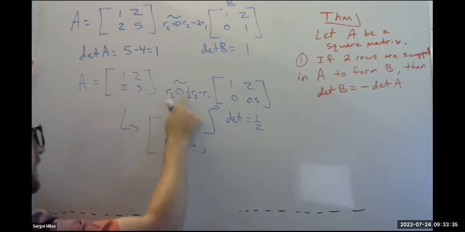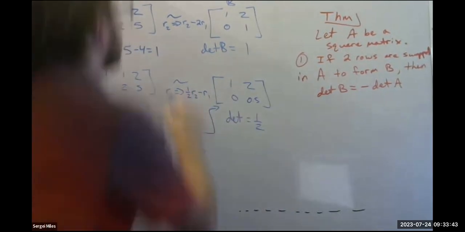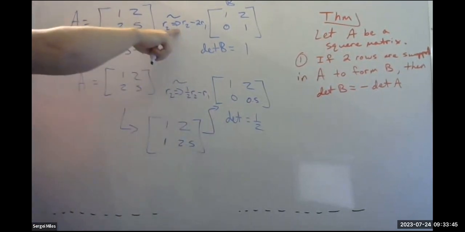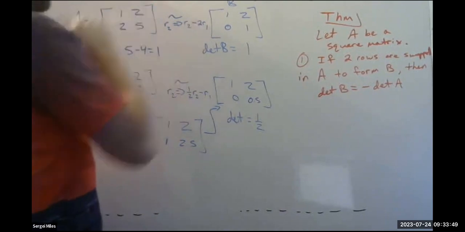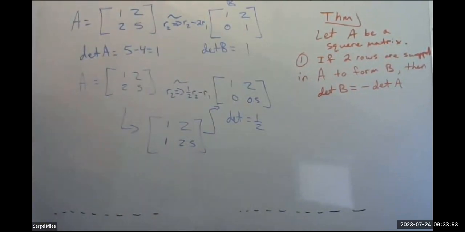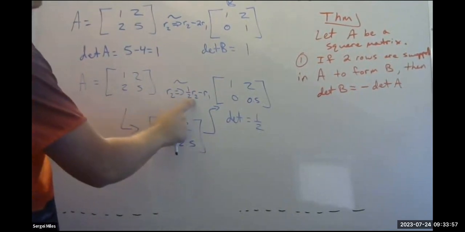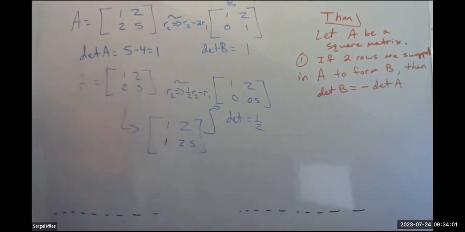So when you do this kind of row operation, this isn't just a row operation. You're scaling a row and then doing an operation. Whereas with this row operation, I'm not scaling a row. It's true I'm multiplying row 1 by -2, but I'm not modifying row 1 with that scalar. Whereas if I write it this way, I changed row 2 with this 1/2 scalar.